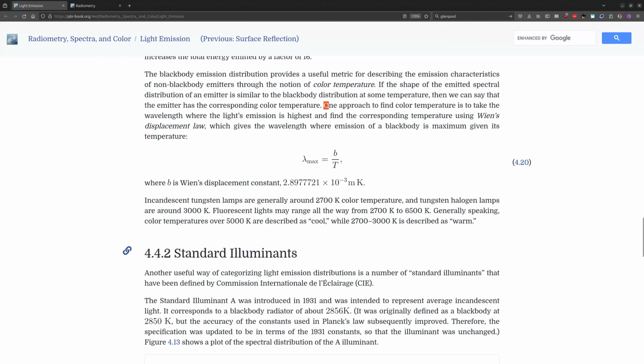Okay. One way to find color temperature is to take the wavelength where the light's emission is highest and find the corresponding temperature using Wien's displacement law. I think that's Wien's displacement law. It gives the wavelength where emission of a black body is maximum given its temperature.